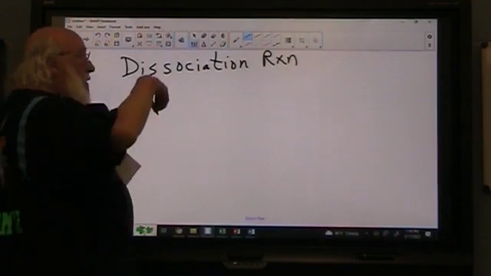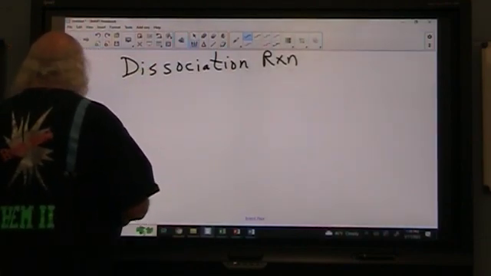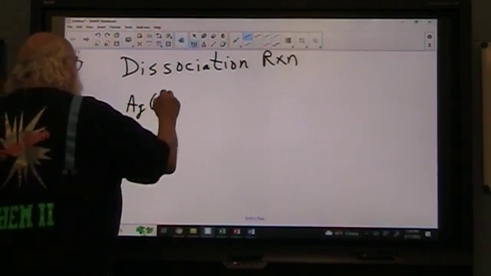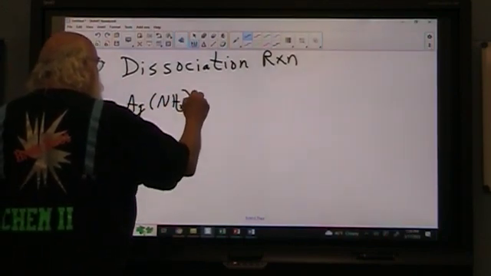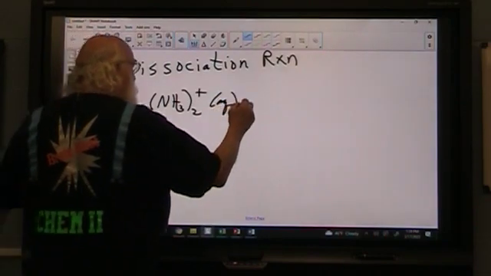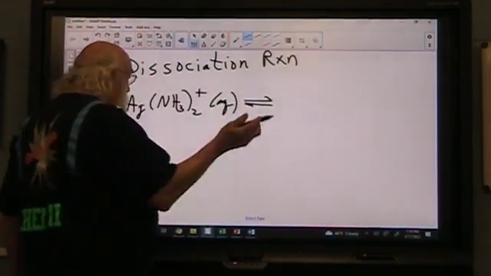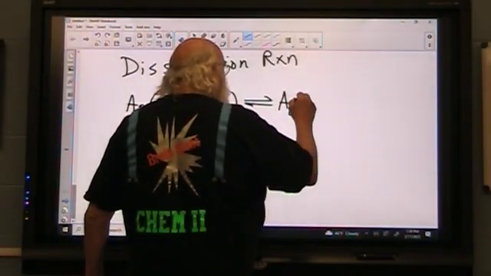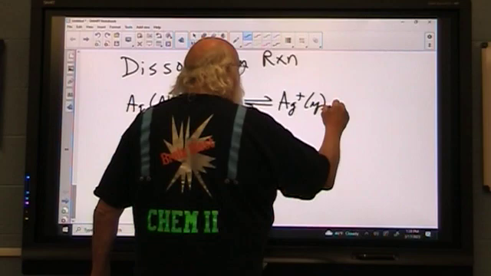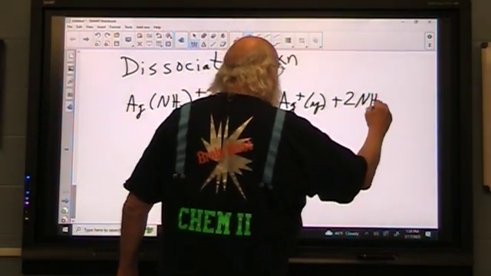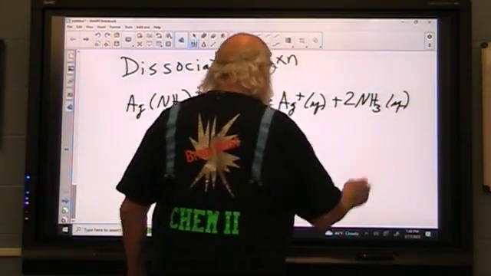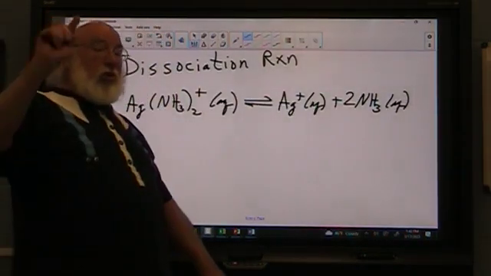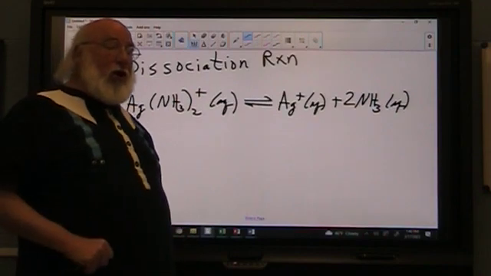And this just will be the exact opposite. You're going to start off with your complex ion, your Ag NH3 2 positive aqueous, and you're going to break that down. Again, double arrow. It's going to give you Ag positive aqueous plus 2 NH3 aqueous. So you're like, well, wait a minute, Campbell, that's exactly the same thing on reverse. And I would say, ooh, you're so perceptive. That's very good of you to understand that.